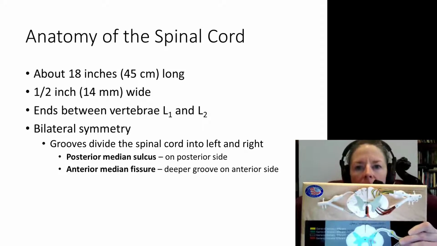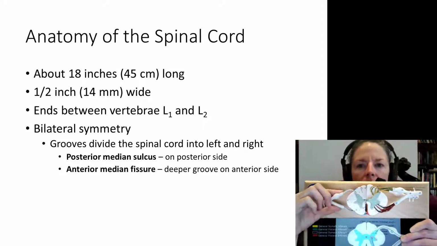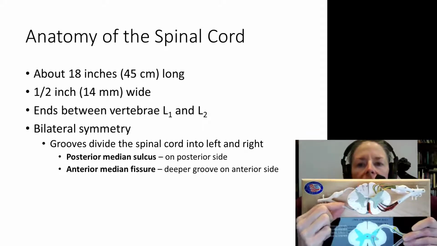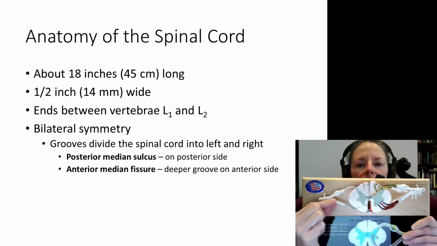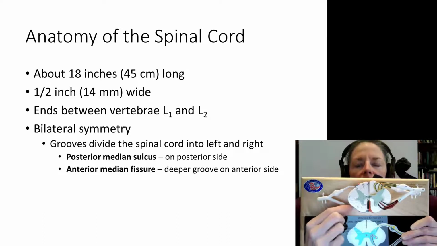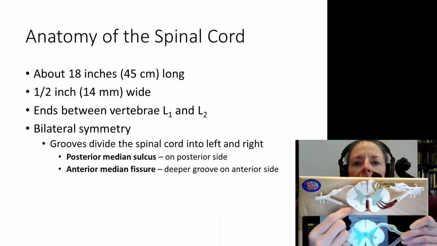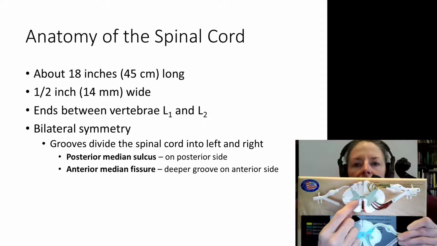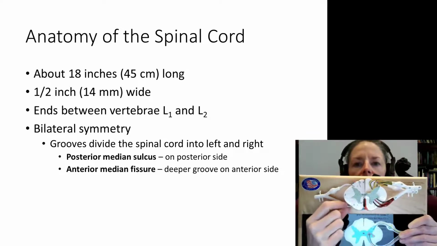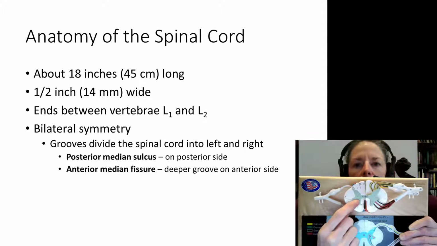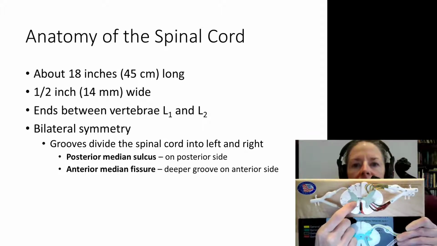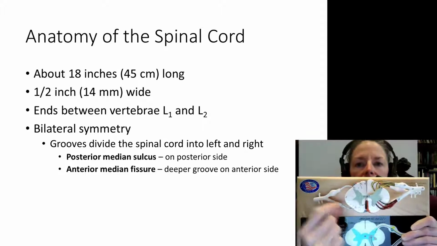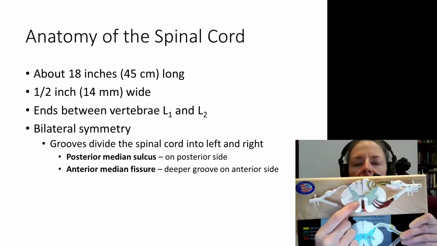You'll also notice that we have these roots coming out of the side. We have a ventral root, sometimes called the anterior root, but in this class we'll prefer ventral root, and that is going to provide a pathway for axons that are going to be arising from this anterior part of the spinal cord. Those axons, the cell bodies for those axons, will be in this anterior part of this gray matter, and this will be providing motor signals.